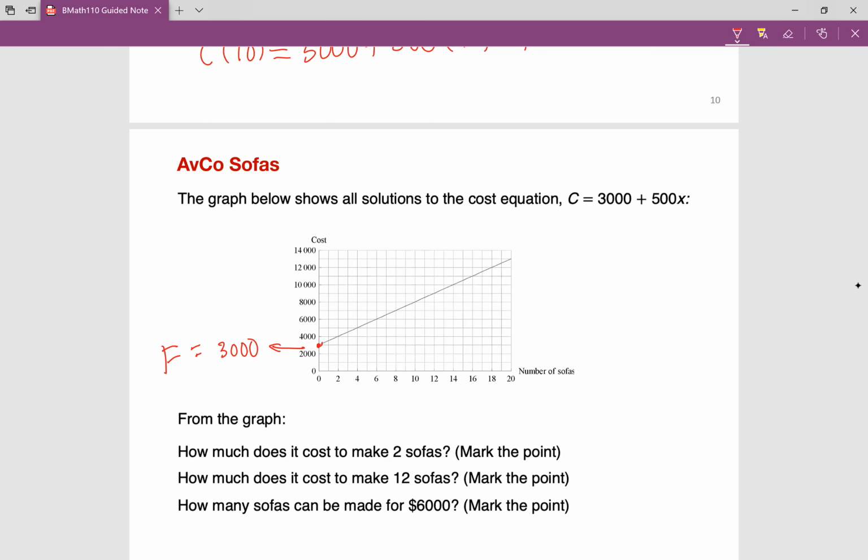And in order to find the variable cost without looking at the coefficient, or if they don't provide you the coefficient, you maybe have to check another point.